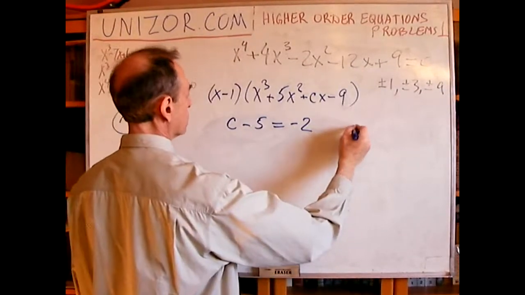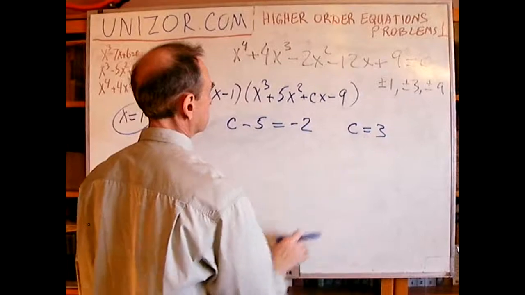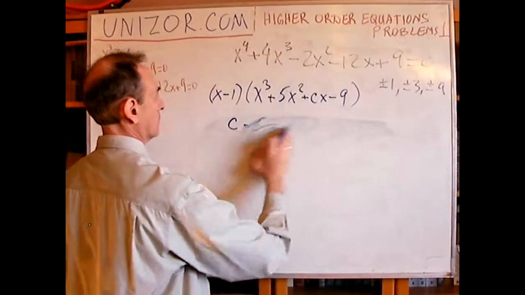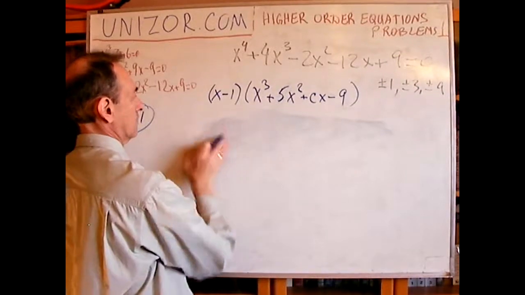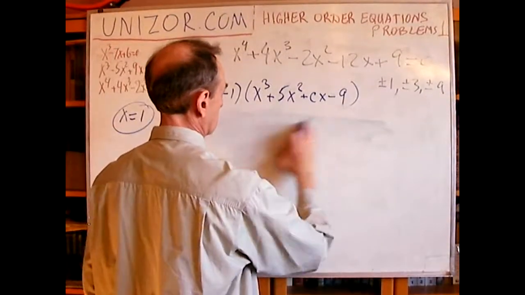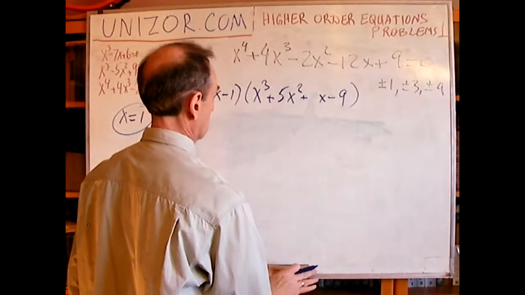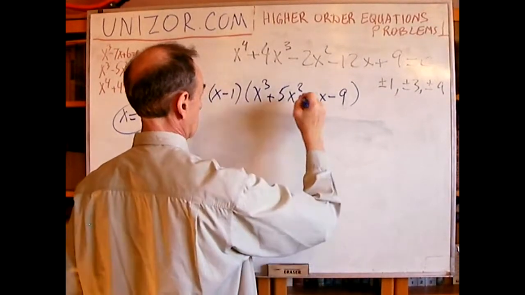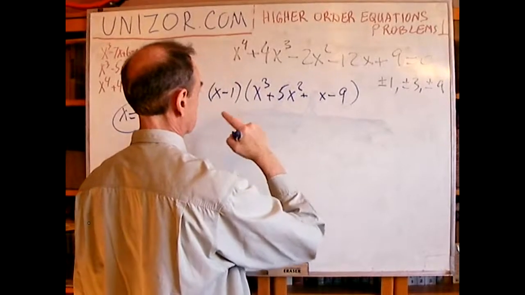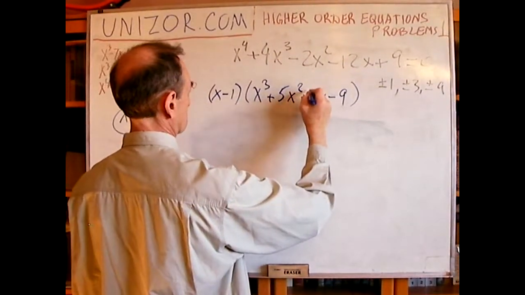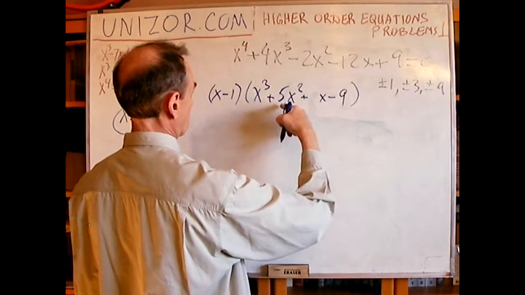So c is equal to 3. C minus 5, so it's 3.